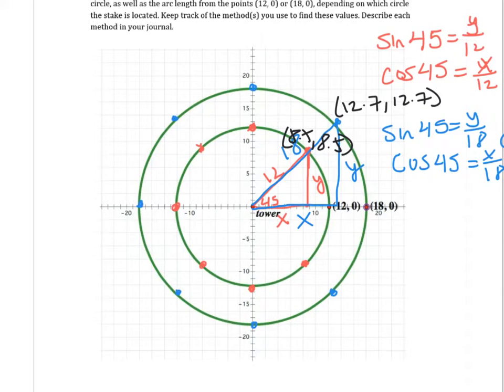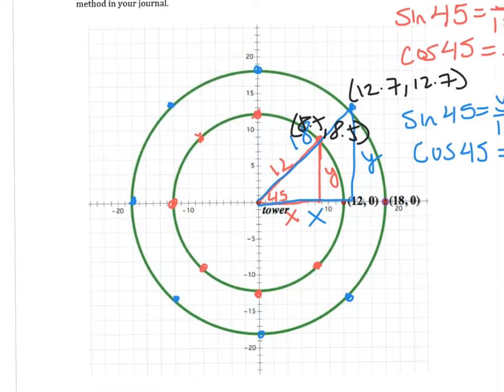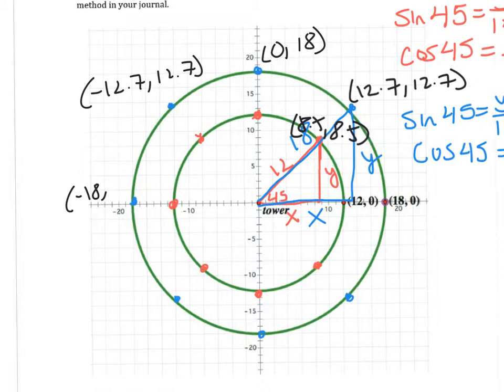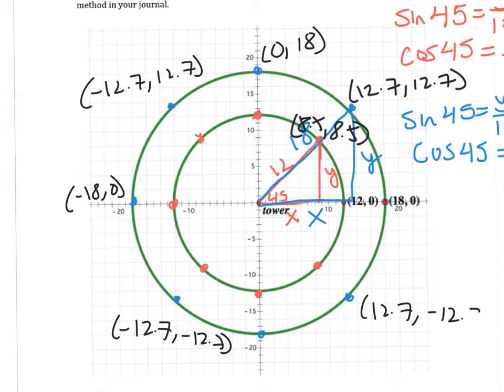Okay, so moving around our circle, because we are well aware of the angles of rotation and reference angles at this point, I can find, well, this is over 0 and up 18, I can find the other halfway point values by using the values we have already found. For this bottom left point, both x and y are going to be negative. And for this last point, the x will be positive and the y will be negative.